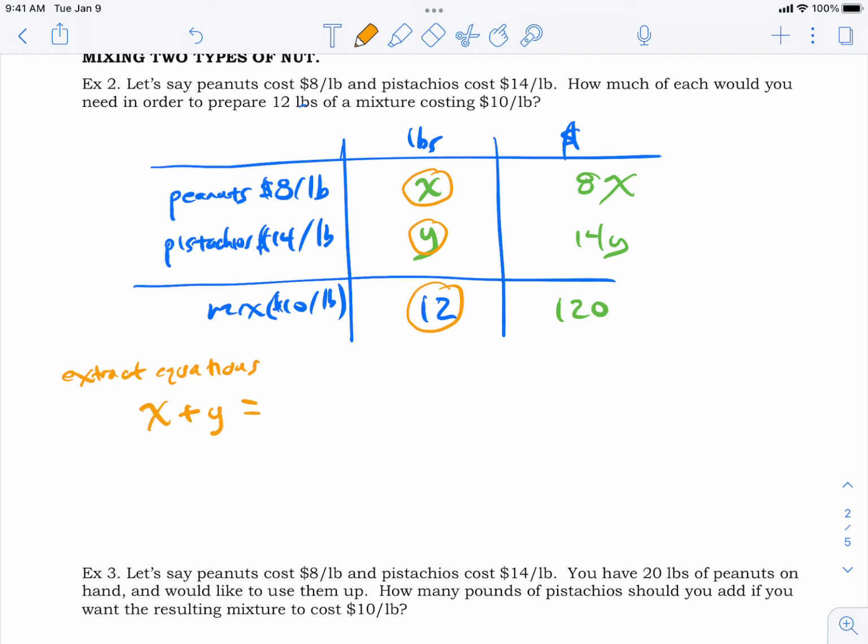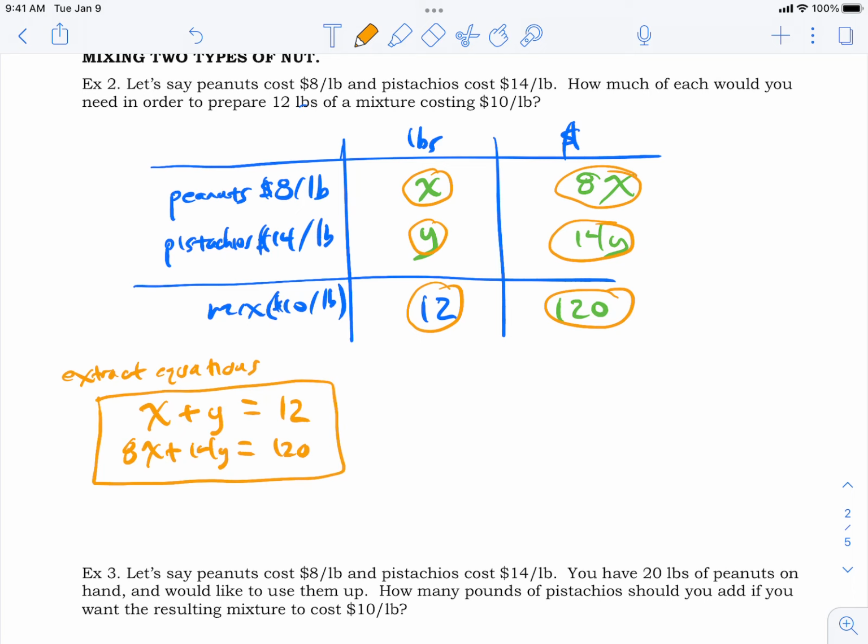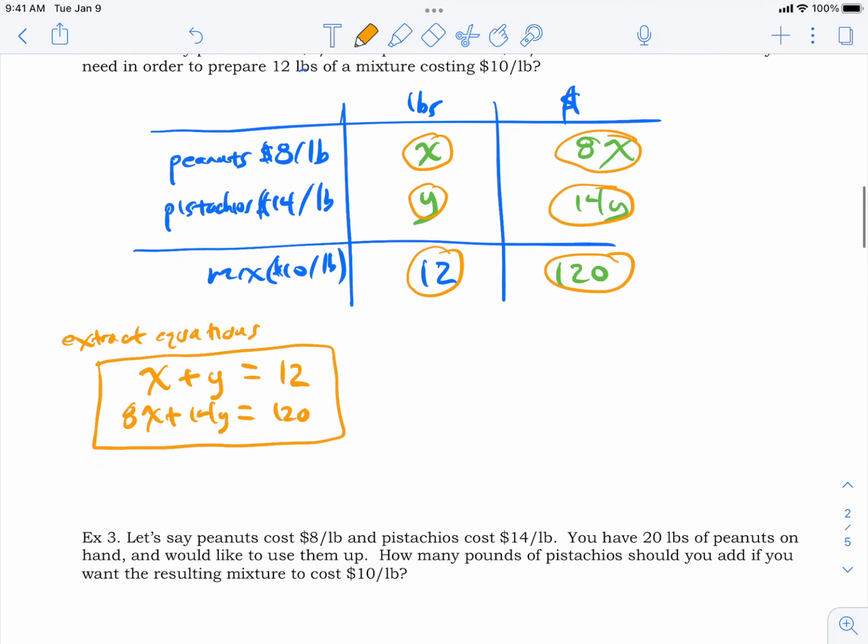The X and the Y must add up to 12. In terms of money, if I spend this much on peanuts and this much on pistachios, I must be spending this much altogether. And so that's an equation. 8X plus 14Y equals 120. Behold, a 2x2 system of equations. Ain't that something? We should solve this now, right?